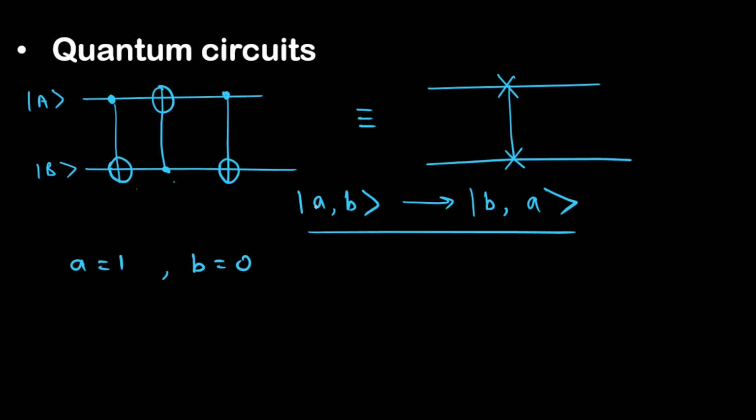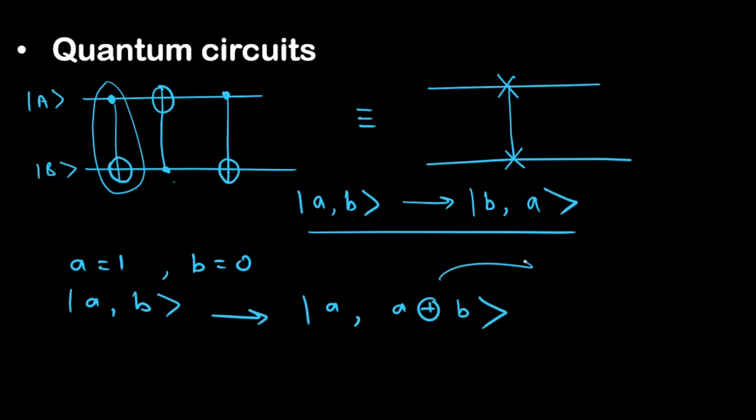In order to realize the swapping, we are not taking similar values of A and B. For the first CNOT gate operation, which we saw earlier, AB will become A, A modulo B. This addition modulo is commutative. That is, A plus B will be equal to B plus A.